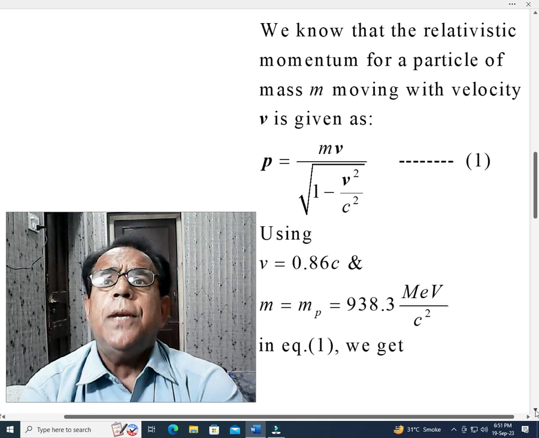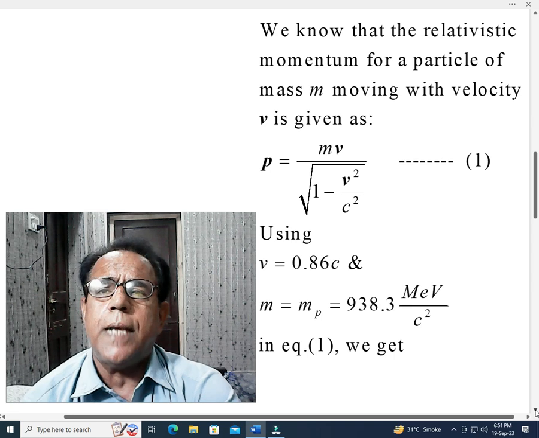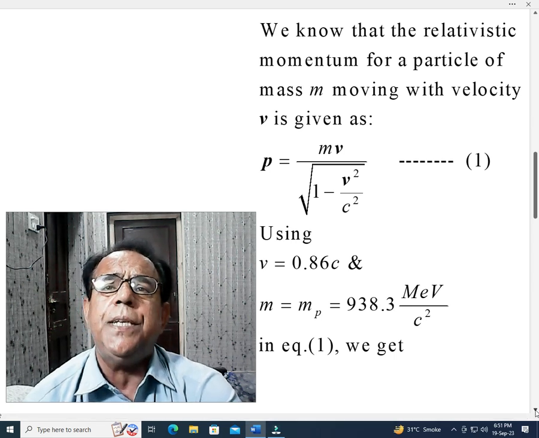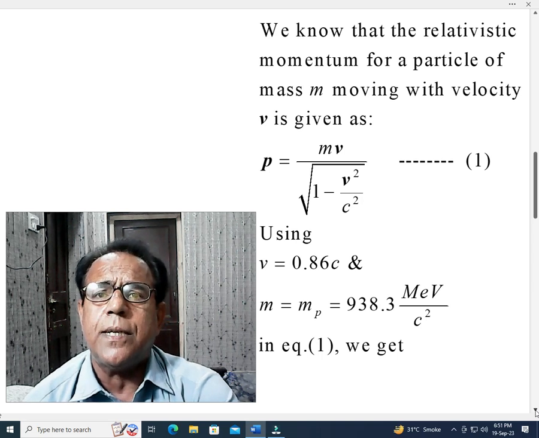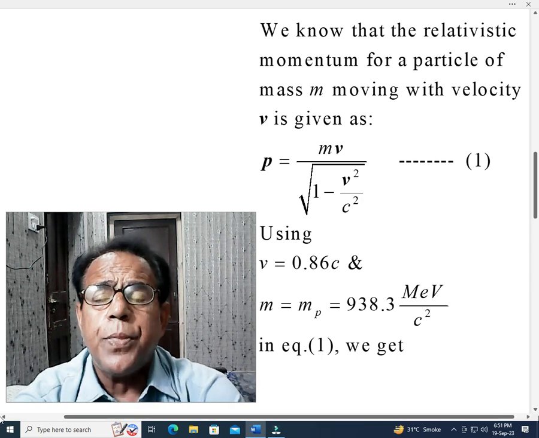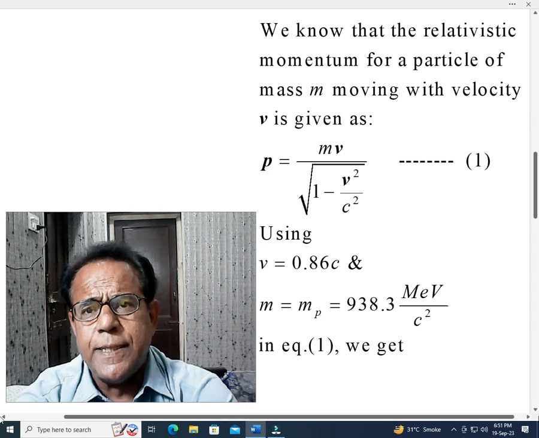We know that the relativistic momentum for a particle of mass m moving with velocity v is given as p equal to mv over square root of 1 minus v square over c square. Equation number 1. In this equation we will just put the values which have been provided in this problem.